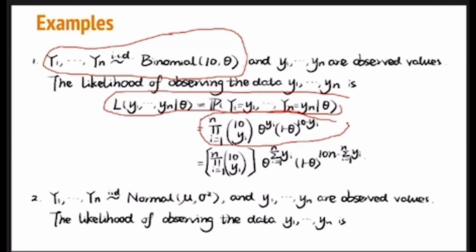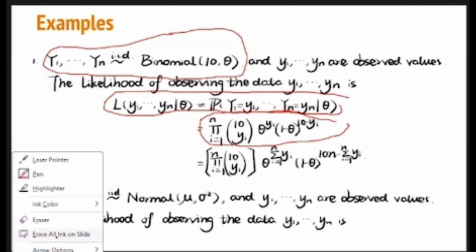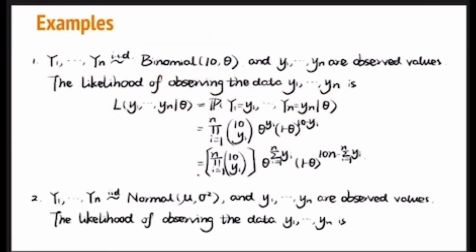Now when you take a look at the product of this, if I have theta raised to the power y in n times, it's going to be this, right? Then what about this? In n times, it's going to be 10n minus summation y. This is the likelihood of the binomial distribution.